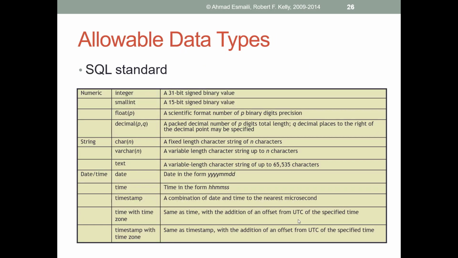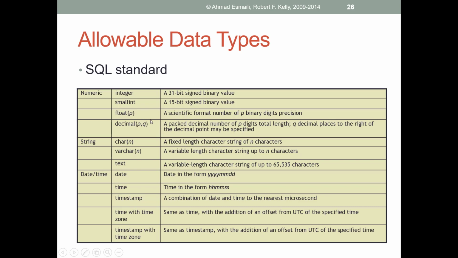These are the standard SQL data types. For integers we have two versions, int and smallint. With integer you can store a really big integer, whereas with smallint you will be able to use a smaller integer value. You have float and decimal, for fractional values, and they are defined with the help of precision, where p is precision.